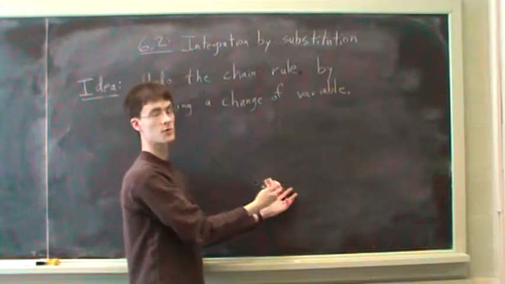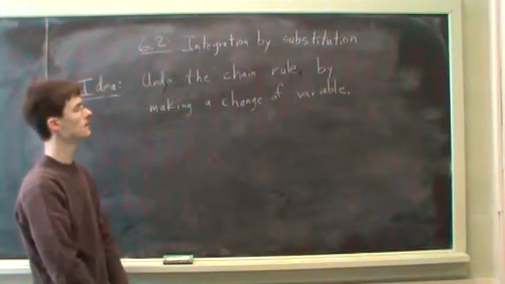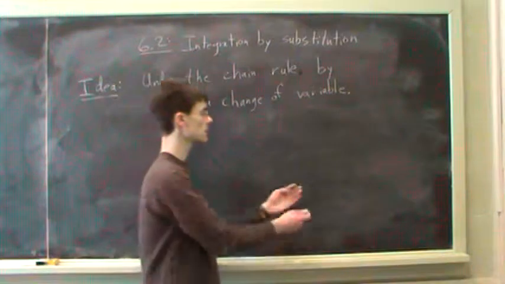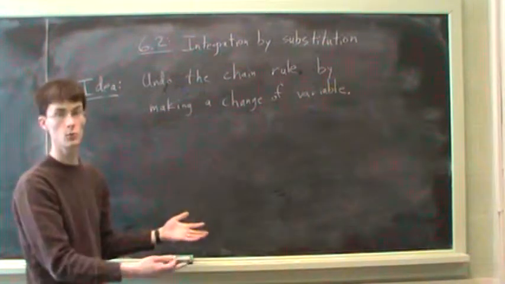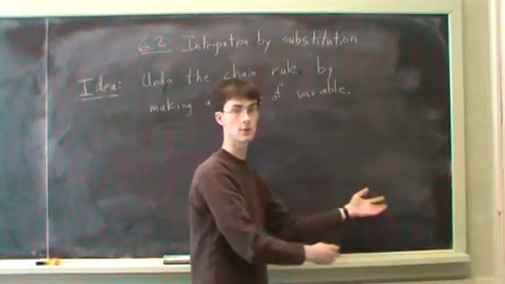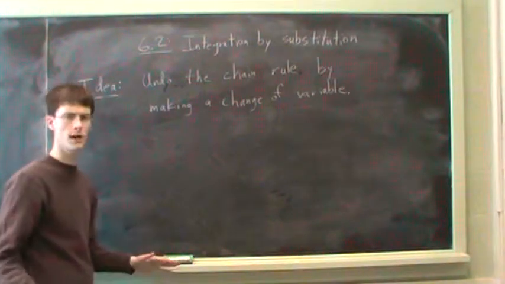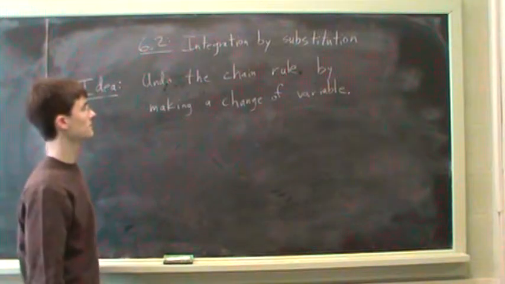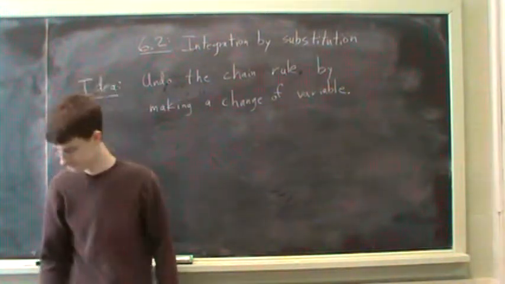Then the new integral with respect to u will be easy to do, usually. And then we'll get a function of u, but we'll know what u was because we picked what it meant. And then we can use that to eventually solve the original problem. We get a function of x. It's less complicated than it sounds, as long as you believe that it works.